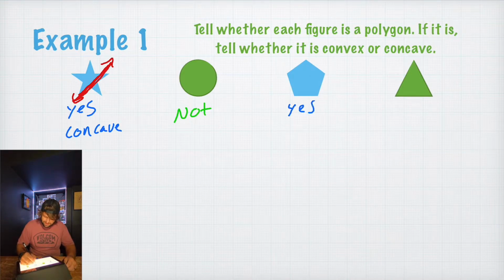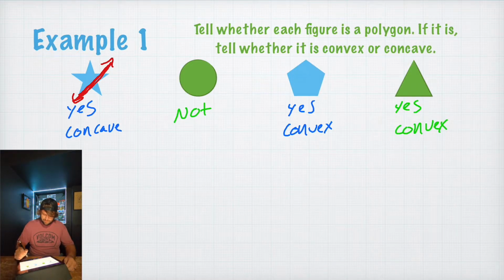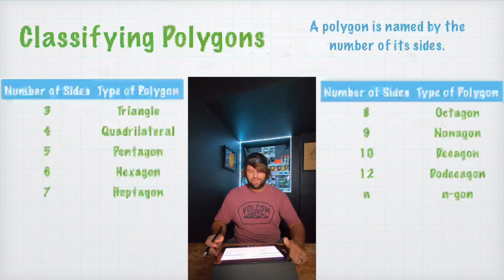This is a polygon, and it is convex, okay? And lastly, a triangle is a polygon, and it's also convex, okay? These don't have any points that are dipping into the polygon, okay? This one, concave. Okay, pretty basic. Hope that made sense.